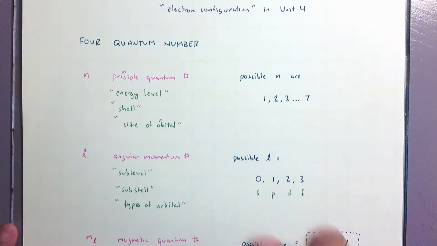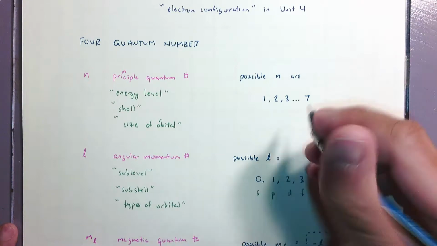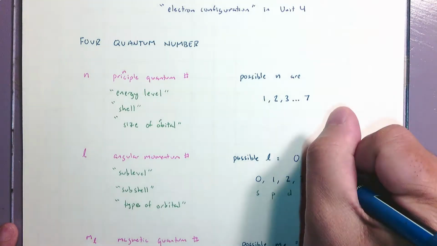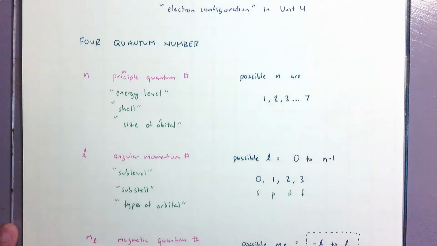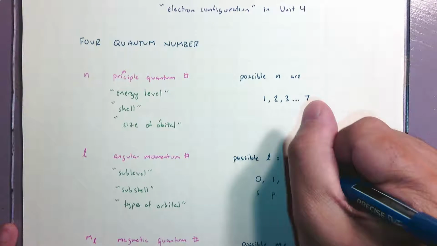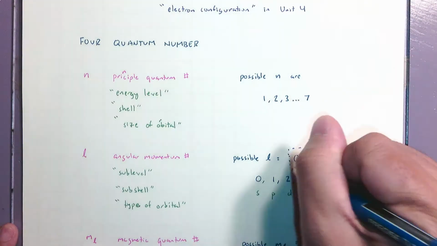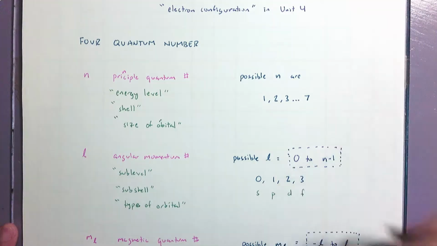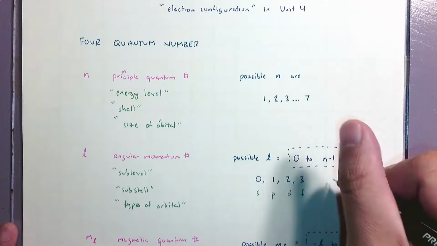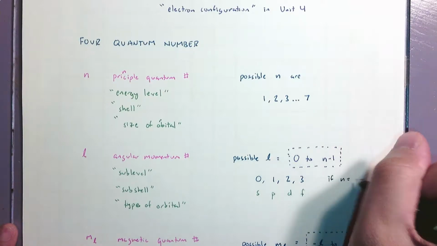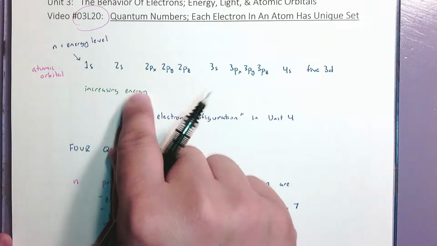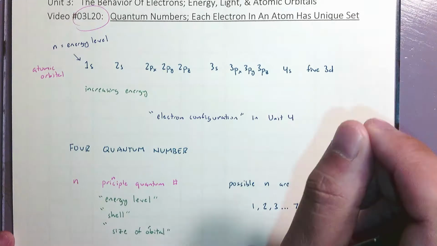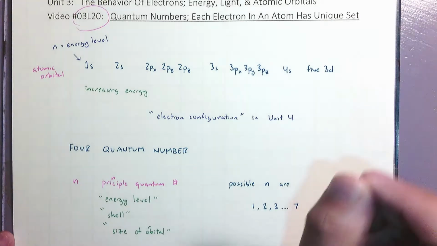How do we summarize that? The possible L's are 0 to n minus 1. What does that mean? Let me show you. If n equals 3, let's take a look at our orbitals listed in energy levels. If n equals 3, what are the possible types of orbitals?